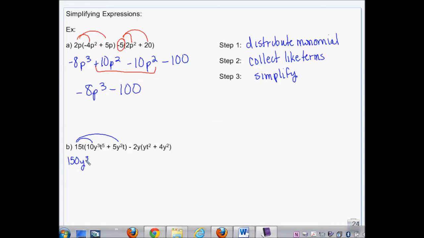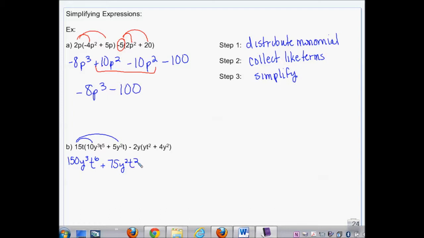And then t times t to the fifth becomes t to the sixth. And then 15 times 5 is 75. Y squared t squared. So when there are no y's to be multiplied, you just carry them down the way they are. Does it say y to the third? Yeah, y third t6.